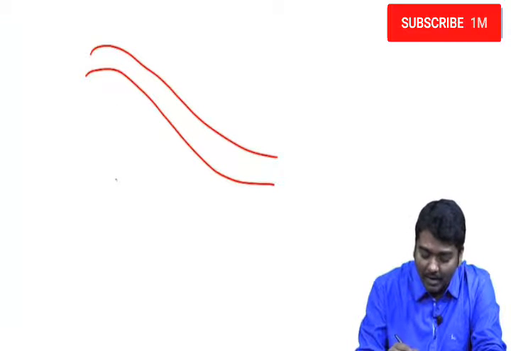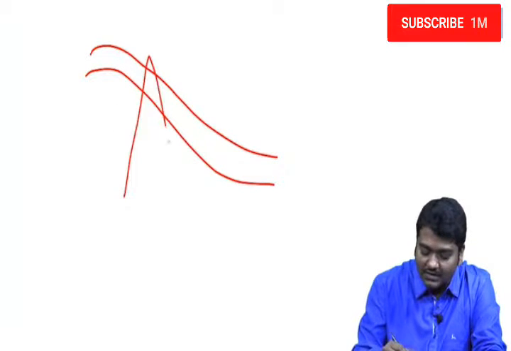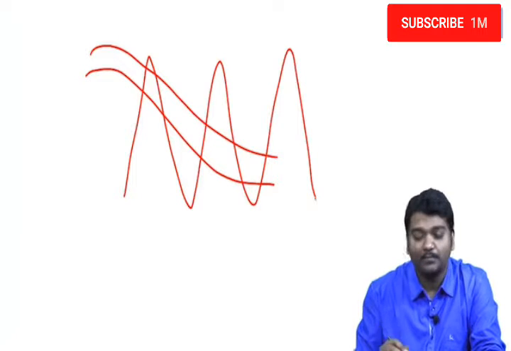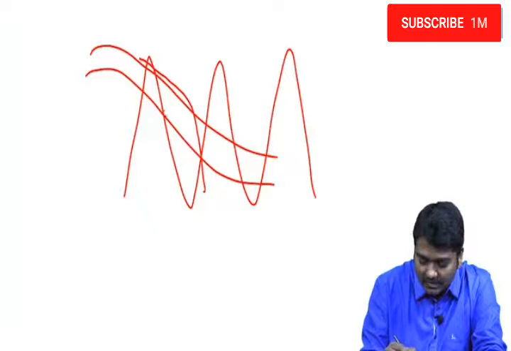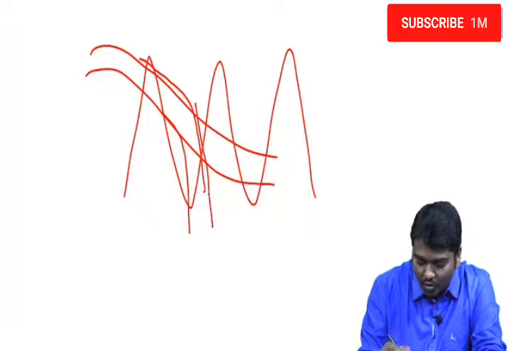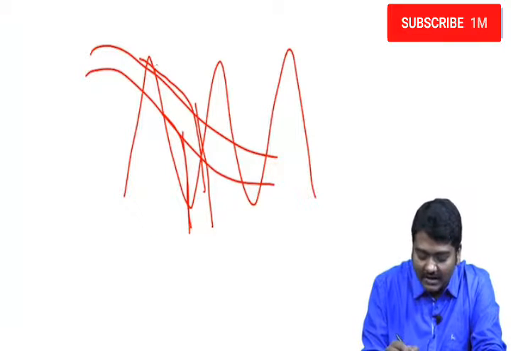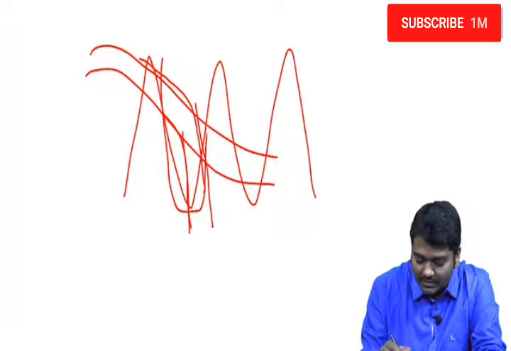Now what happened? In between, you got some mountains. The river started moving like this because this is the new slope that is available, and it started eroding these mountains.